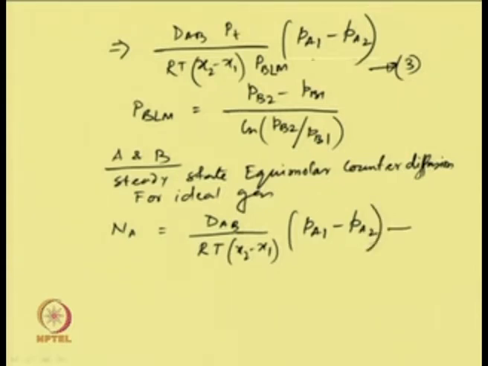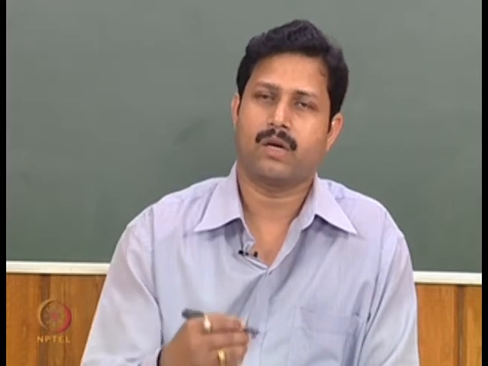So, these are the quick review of our previous class, where we have considered the diffusion occurring through the constant area of the system.